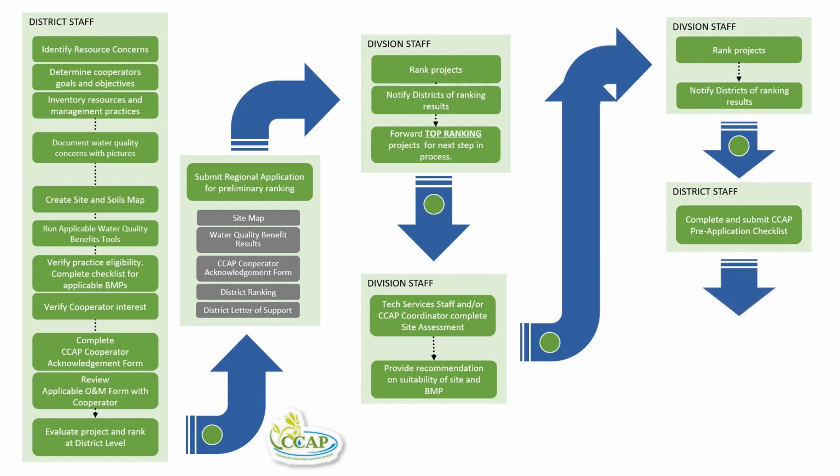This will be the last step before the division presents the project to the CCAP review committee and then onto the commission for funding approval. We want to be sure that the projects the division is presenting show a high potential of actually being installed. This last meeting will help to ensure cooperators are aware of what they are getting themselves into and hopefully ultimately reduce the number of cancellations.